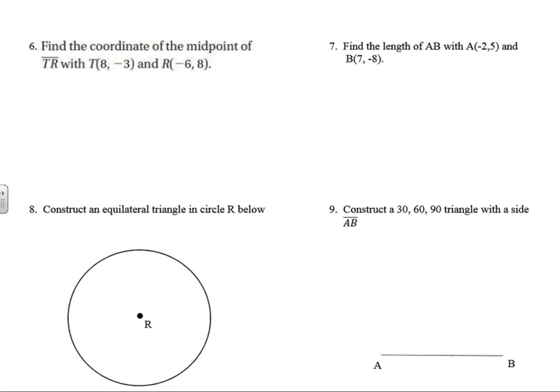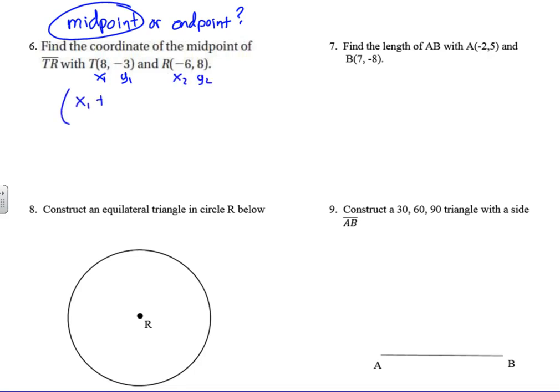Okay, find the coordinates of the midpoint of TR. So again, with our midpoint question, we want to think, am I looking for the midpoint or am I looking for the endpoint? Well, in this case, find the coordinates of the midpoint. So now we're going to do our midpoint formula, which is x1 plus x2 divided by 2, comma, y1 plus y2 divided by 2.